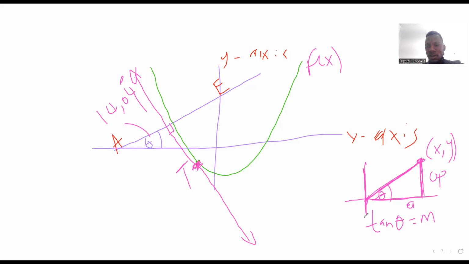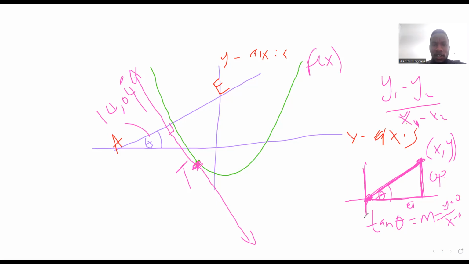So that is y over x, right? But this y over x, if you say y minus 0 over x minus 0, is the same as the gradient of this line, because the formula for gradient is y1 minus y2 over x1 minus x2, right? So in this case you're using 0 and 0 as one set of coordinates. So that's how that is derived, right?